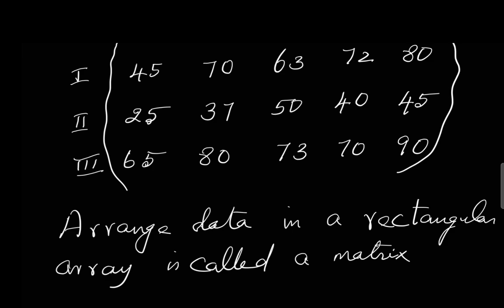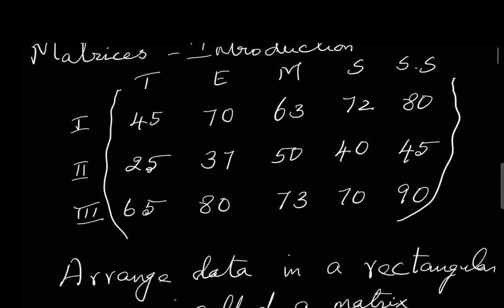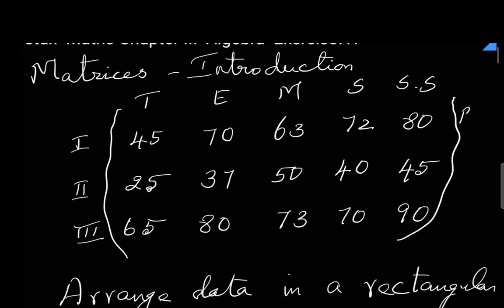The horizontal data are called rows. The vertical data are called columns. How many rows does this matrix contain? 1, 2, 3. 3 rows.